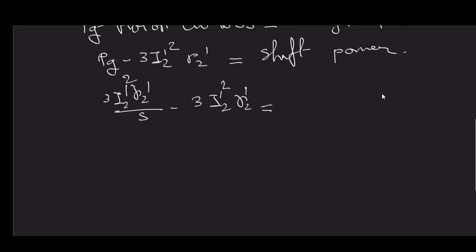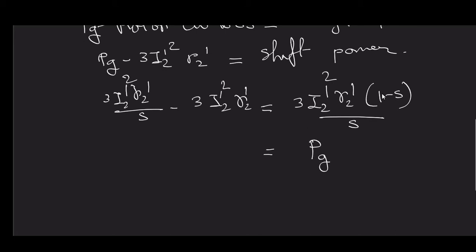Therefore the shaft power is 3I2' square R2' by S into (1 minus S). So shaft power is equal to PG into (1 minus S), where PG is our air gap power. So this is air gap power into (1 minus S).